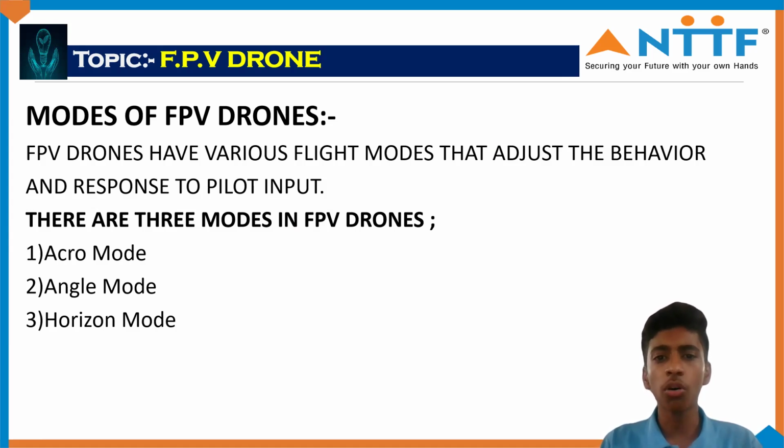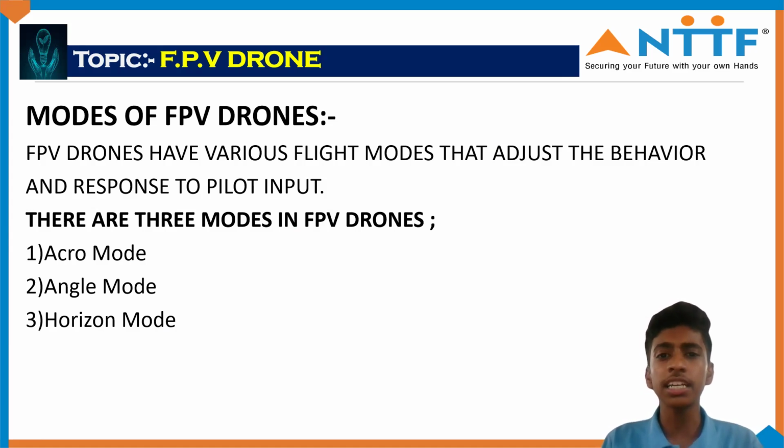But angle mode and horizon mode are a bit different from acro mode, because angle mode is a combination of horizon mode and a rollers. So the sensor which is deployed in the drone is attached to the drone, and if any kind of obstacle comes in the path of the drone, then it automatically senses that obstacle and stops at that particular moment only.